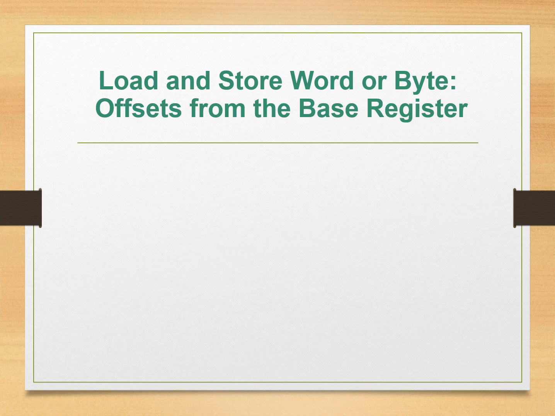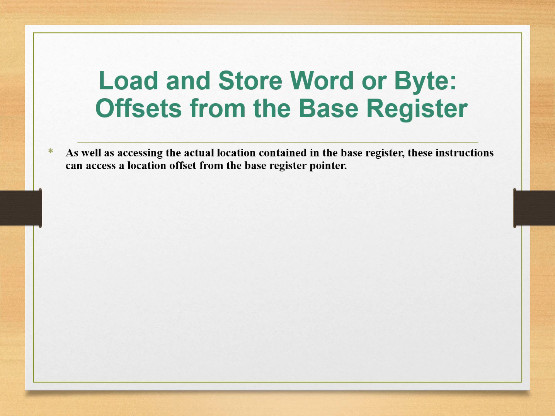And then we can have the offset from the base register, as well as accessing the actual location contained in the base register. This instruction can also access the location offset from the base register content.